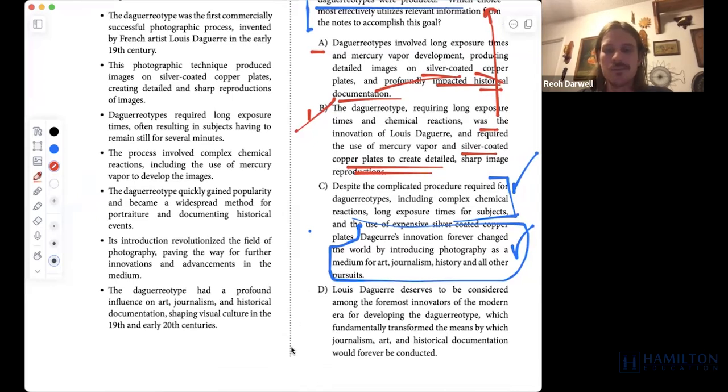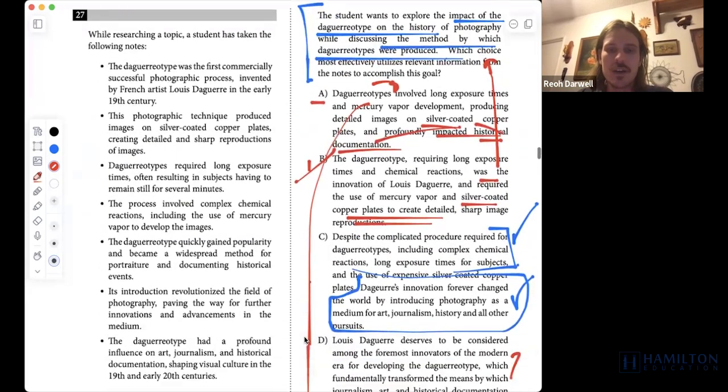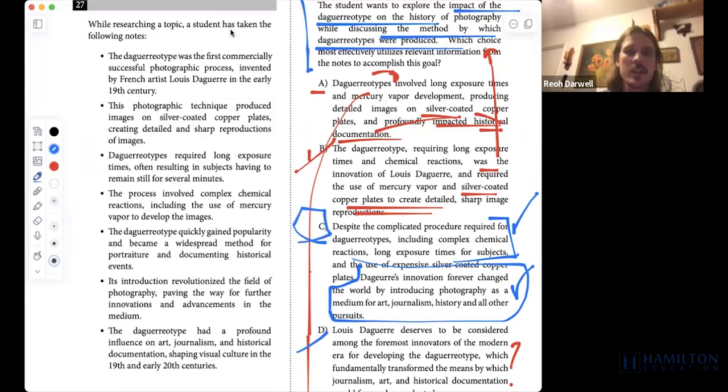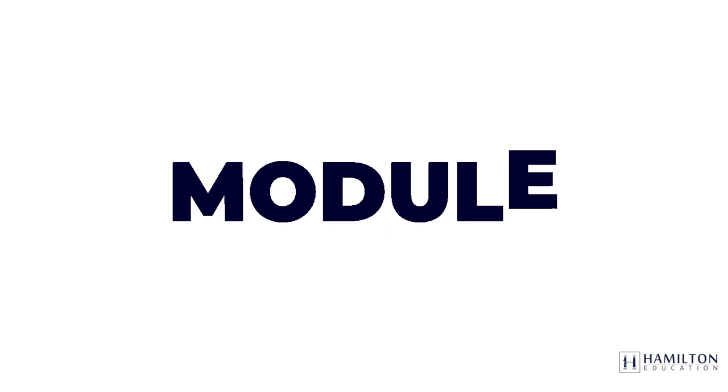C does it much better. And then finally, D shows the impact, but does it talk about the way it works? Not at all. So that's why D is no good. That's how we can arrive to C, by finding something wrong in all the rest of them and seeing that C is just better. With that, we come to the end of Module 1.